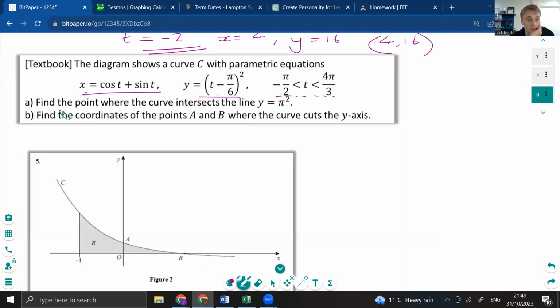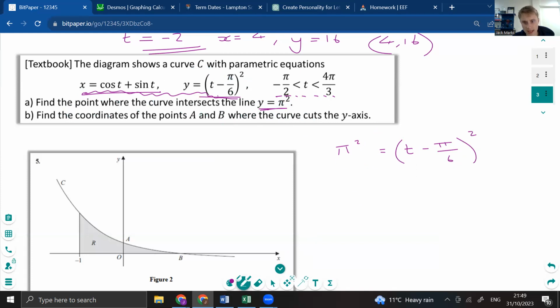Let's do this part first. Find the point where the curve, so where is this? This is all one thing, remember? When is this equal to this line? The line is y equals pi squared. Well, let's simultaneously solve with the y's, okay? So pi squared equals t minus pi over 6 squared.